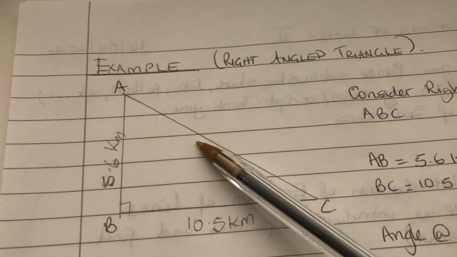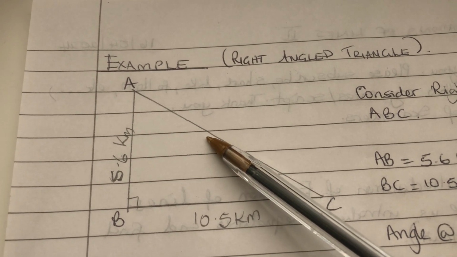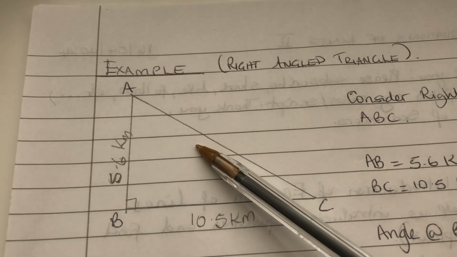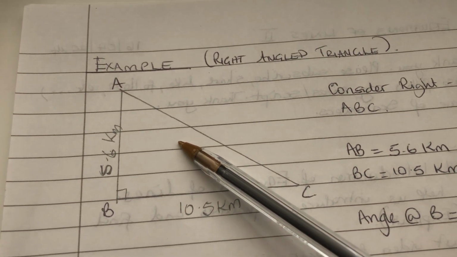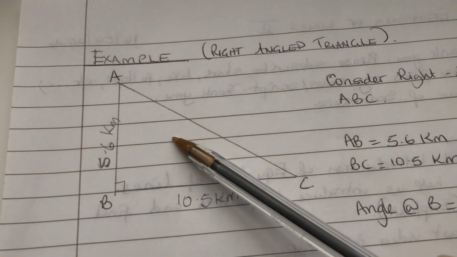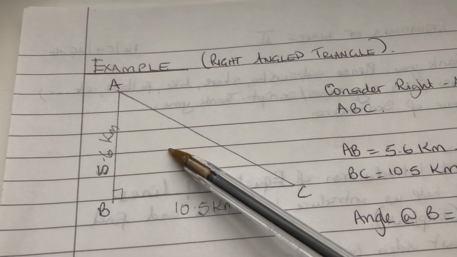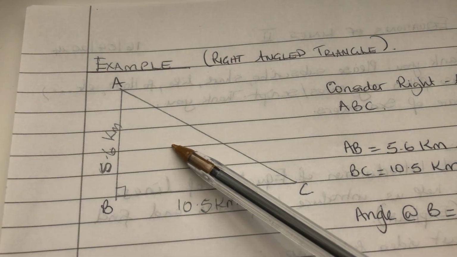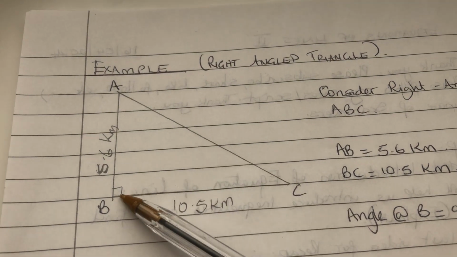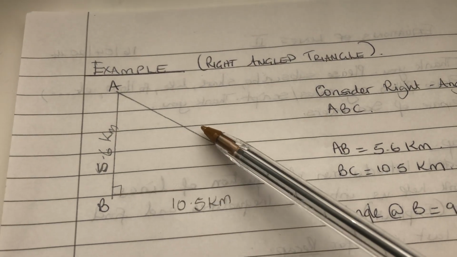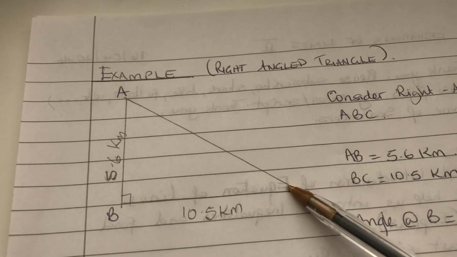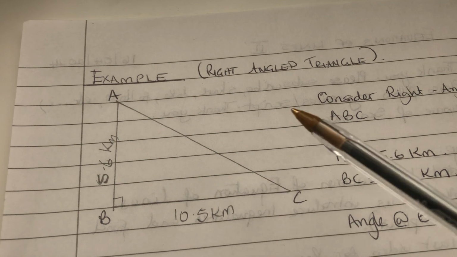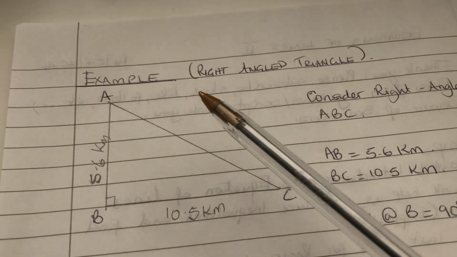I just wanted to stress that because at times students have the ability to forget, with the time pressure and a lot of stuff. So I just thought I'll repeat that. So the 90 degrees is opposite the hypotenuse. The length AC is the hypotenuse for your right angle triangle.